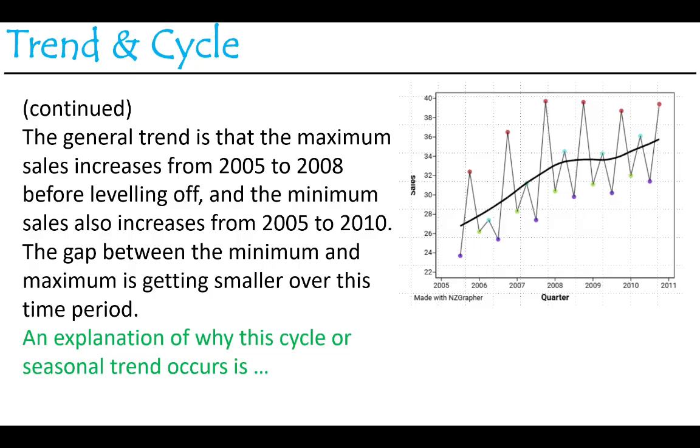It's the third feature we will have to look at, other than trend and cycle, so we will discuss it sometime later. Then you have to add the context and explanation of why this cycle or seasonal trend occurs, again like a fashion trend, income increase, or summer getting hotter, or whatever. Okay, that's it.